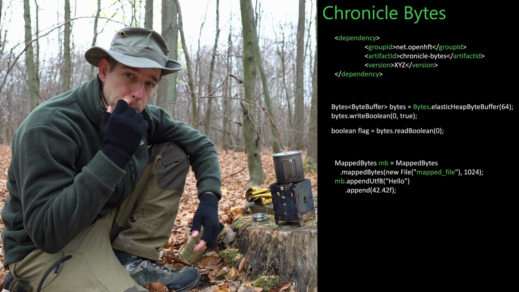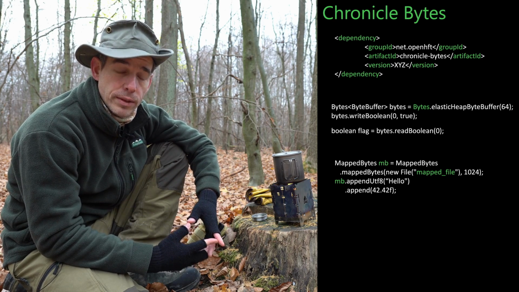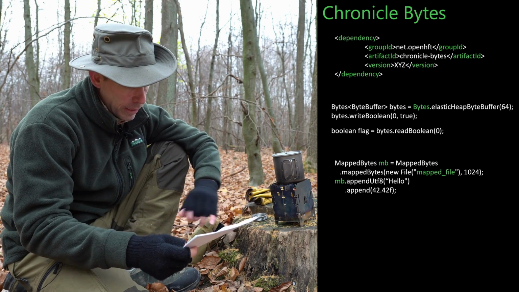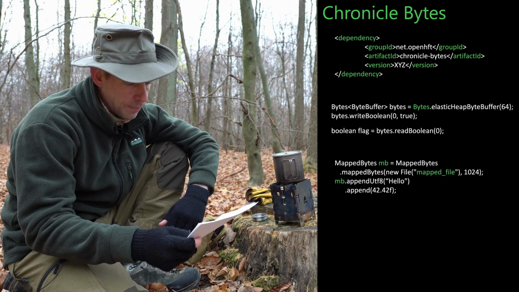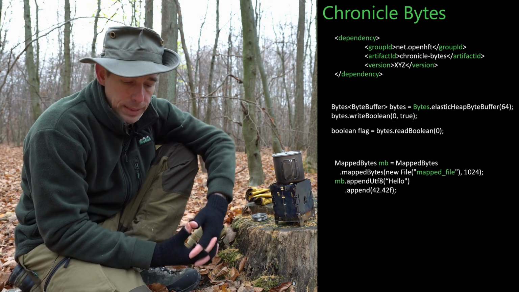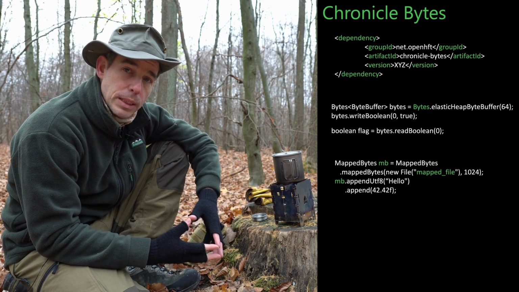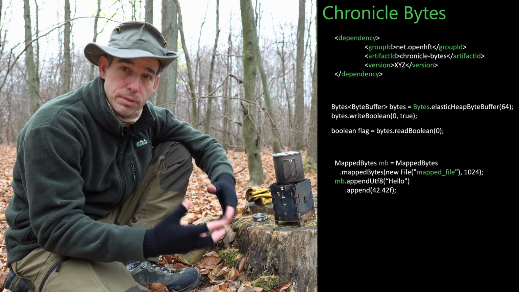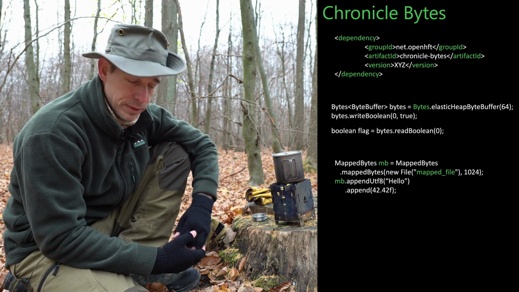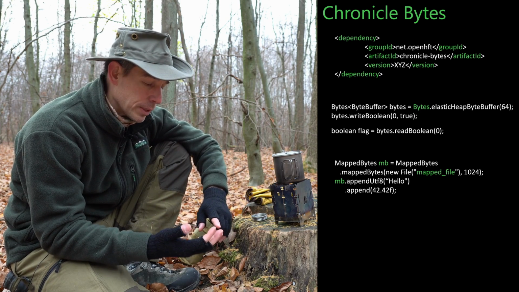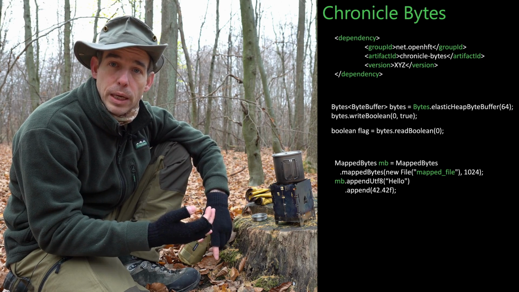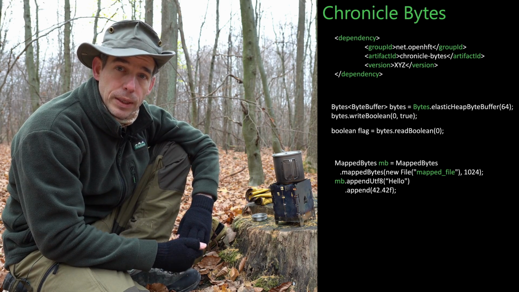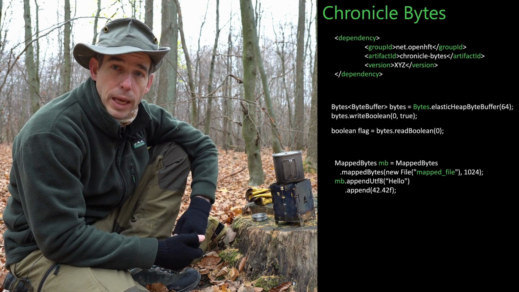Then you have the possibility to go via this class called, I have to check it here because I can't remember every class name exactly, Bytes. And Bytes has some different possibilities to create these buffers, byte buffers. One is, for example, elastic heap byte buffer, where you can say this amount of memory I want to have for this one.